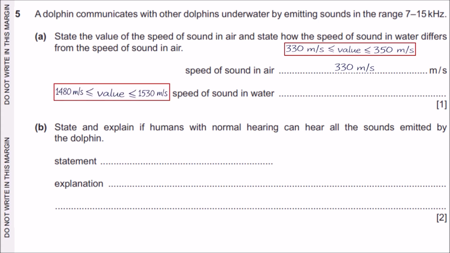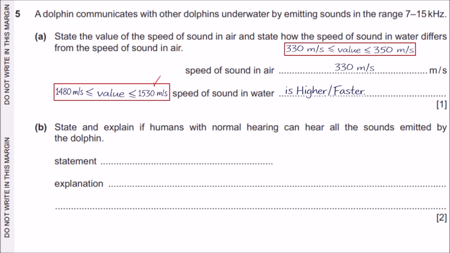The speed of sound in liquids ranges from 1480 meters per second to 1530 meters per second. With this, we can safely see that the speed of sound in air is less than the speed of sound in water. So we can say the speed of sound in water is higher, or faster, than the speed of sound in air. That's how you get 1 mark if both are correct.